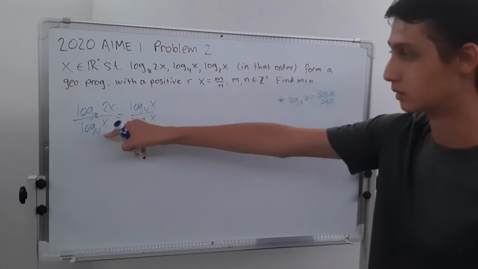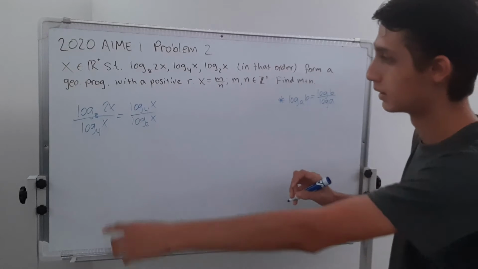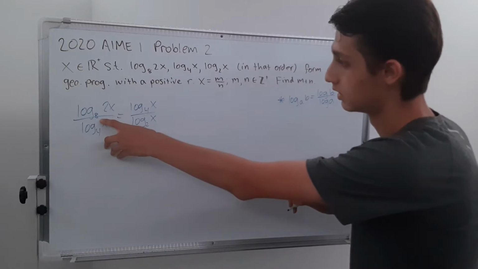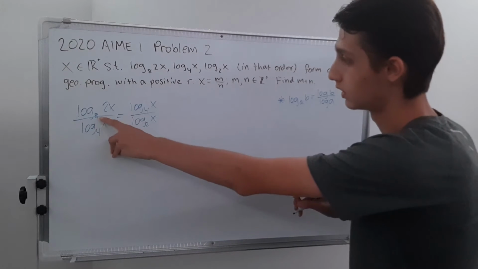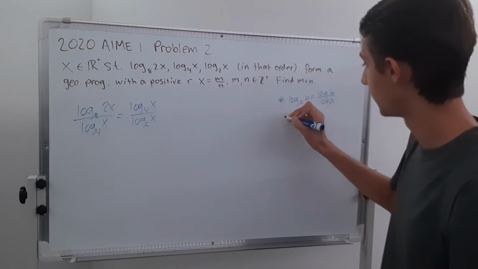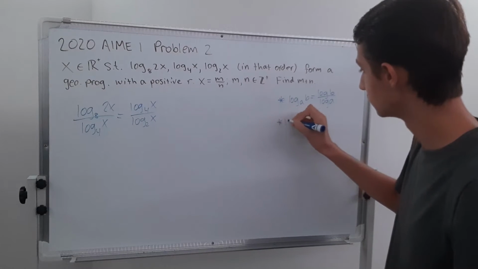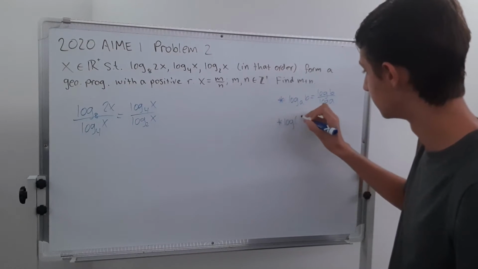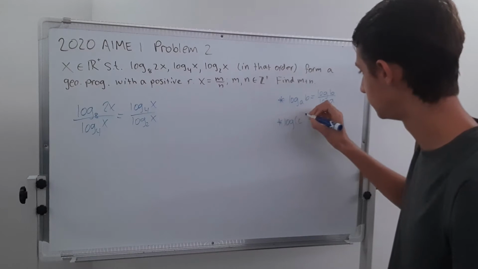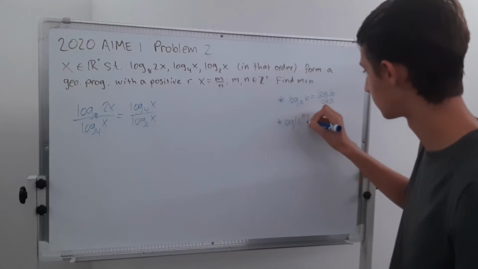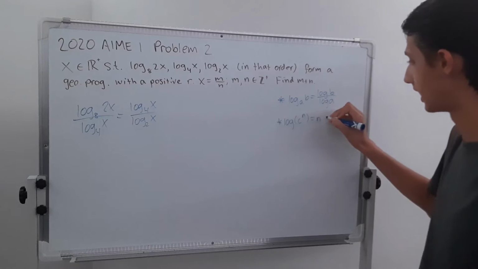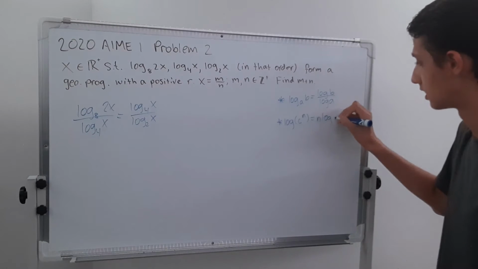Second, if we have log of c to the n power, that can be rewritten as n times log c.